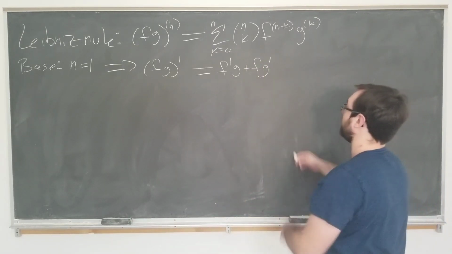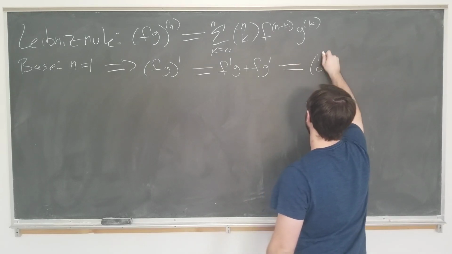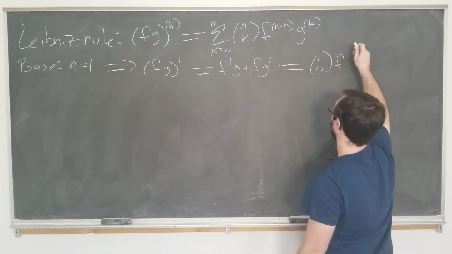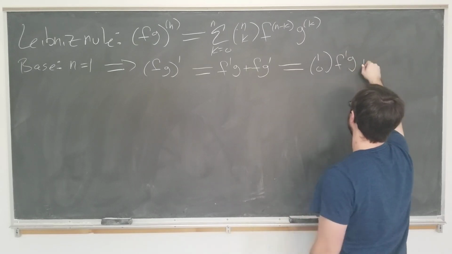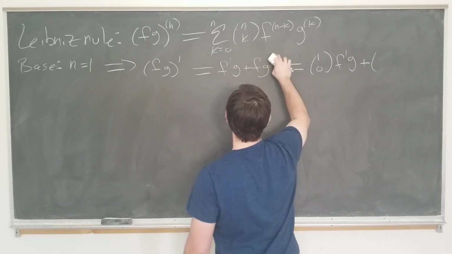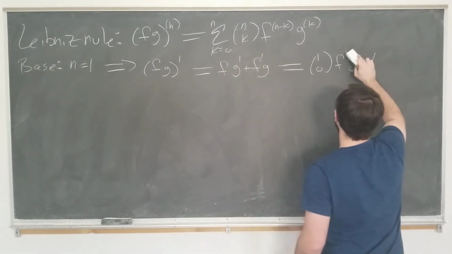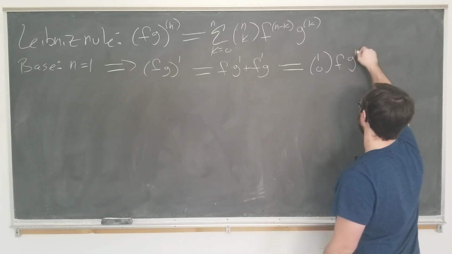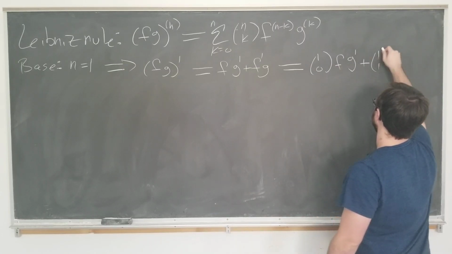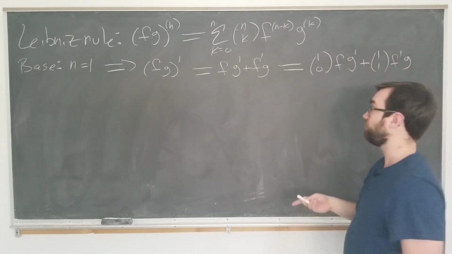And it also satisfies this rule here, since it's just 1 choose 0 f g prime plus 1 choose 1 f prime g, and these are both 1. It doesn't matter what order I write them in.